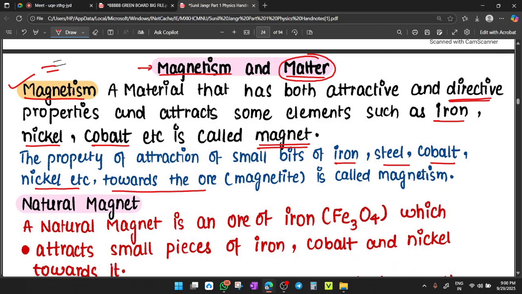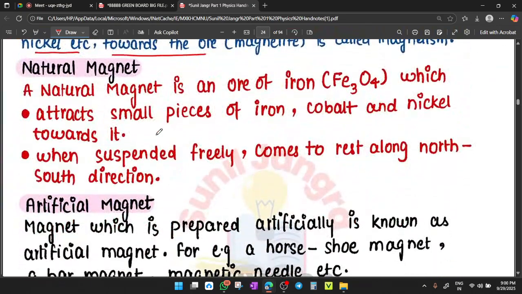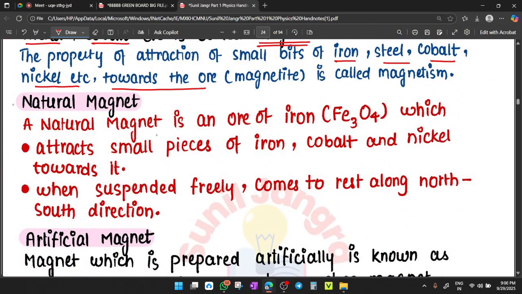Now, there are many types of magnet. Classification of magnets starts here. First is the natural magnet. A natural magnet is found inside the earth. Basically, it is the ore of iron, and its chemical formula is Fe3O4.